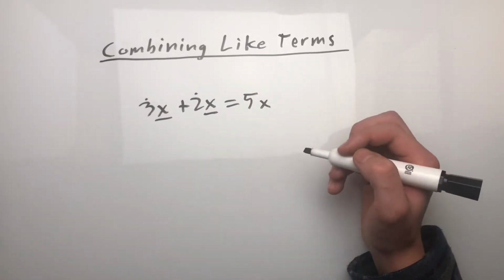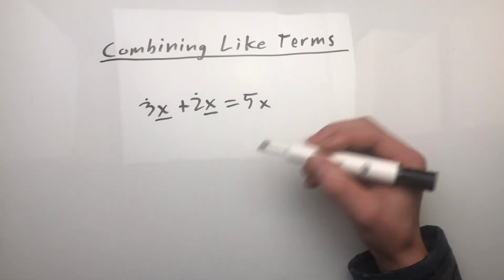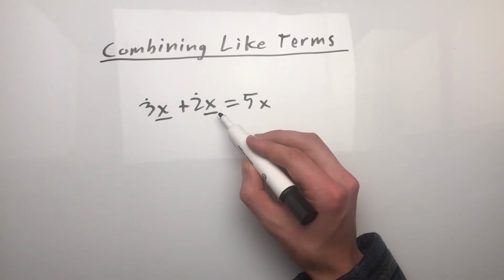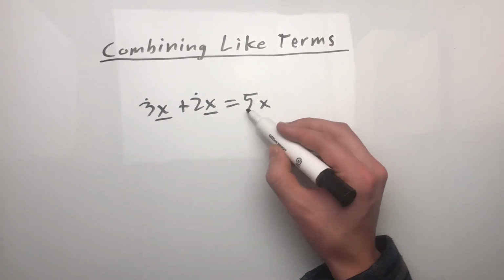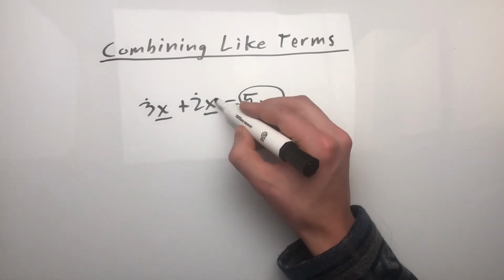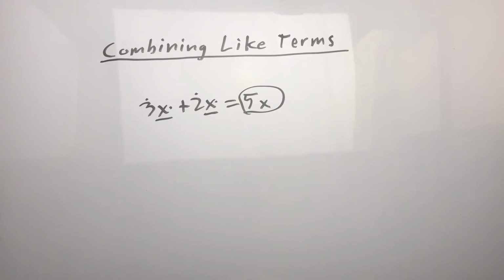And the reason that this works is because if you have 3 of something and you add 2 more of that same something, then you will get 5 of that something. In this case, we represent the something as the x's. And that is what makes the x's like terms.